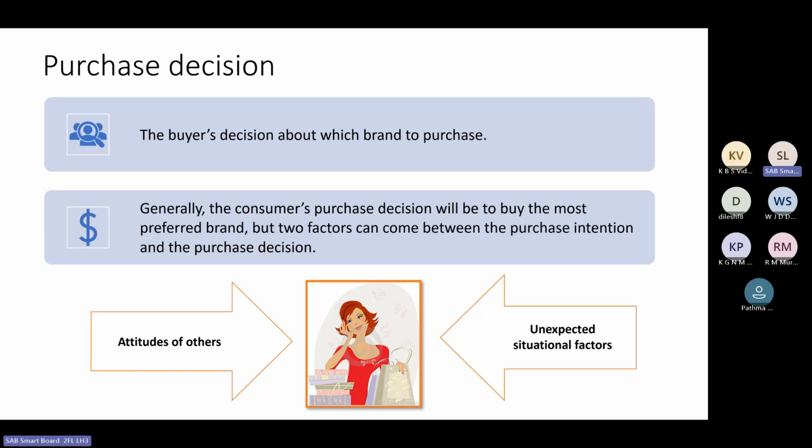Or maybe a huge discount has been given for another brand that we haven't considered, then we might go for the discounted product. Maybe a 2-year or 3-year warranty has been declared for some other brand, then we might consider the other brand which we haven't thought of.